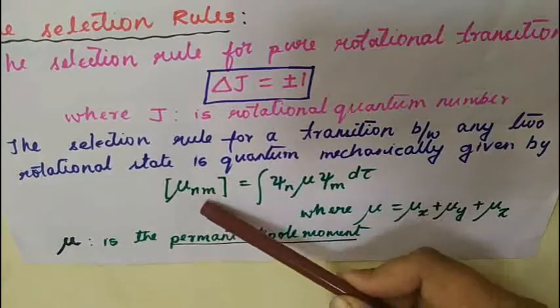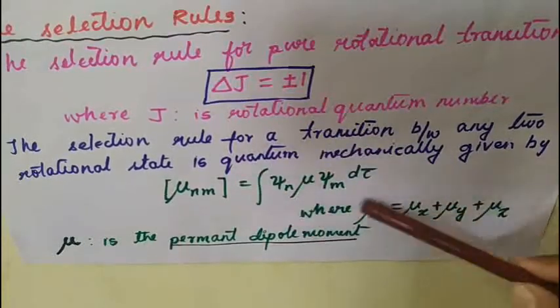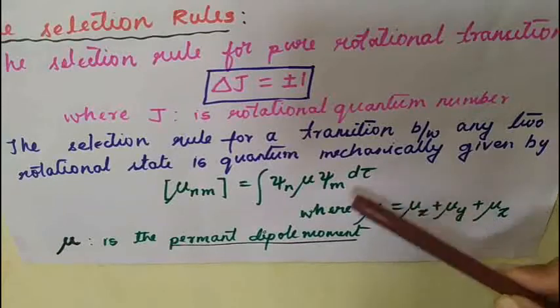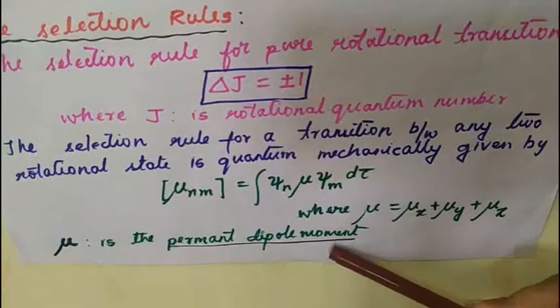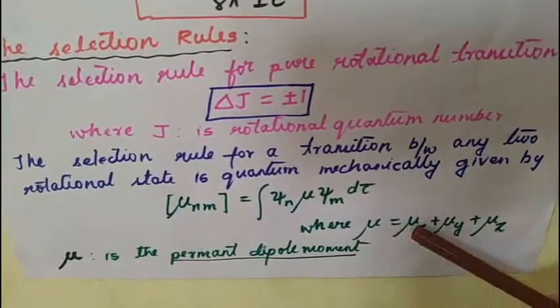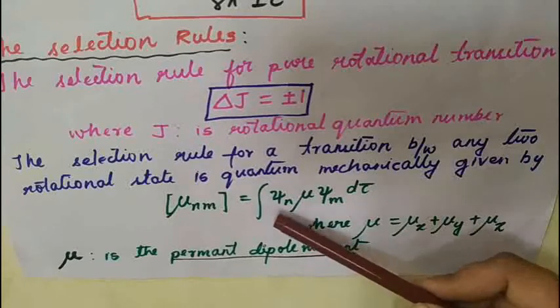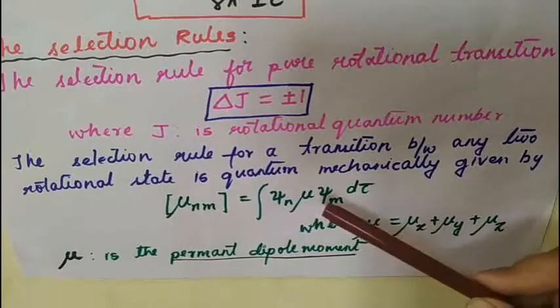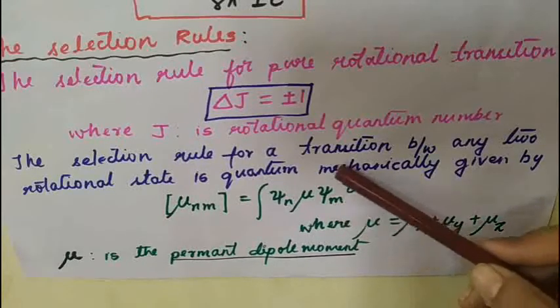the integral of the direct product of the permanent dipole moment. This integral is known as the direct product integral. Here mu stands for the permanent dipole moment, considered in all directions x, y and z, psi subscript n is the initial rotational energy level, and psi subscript m is the final rotational energy level.